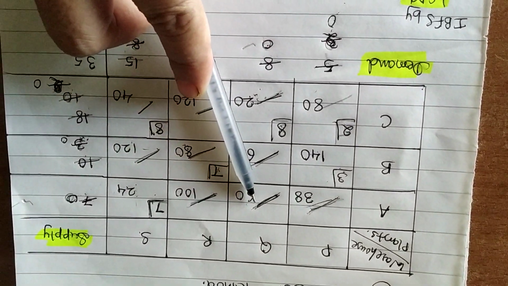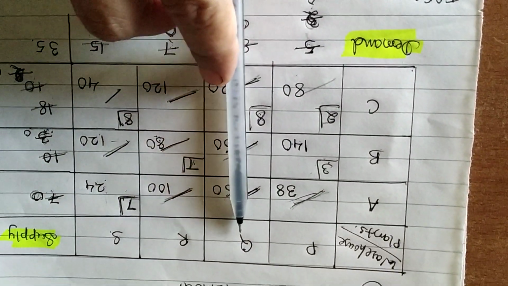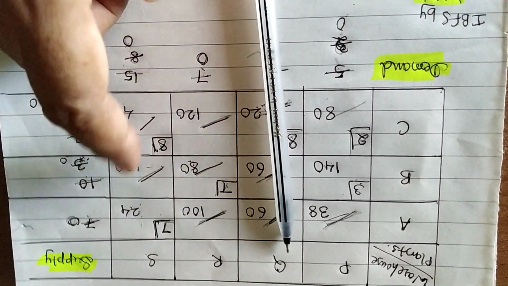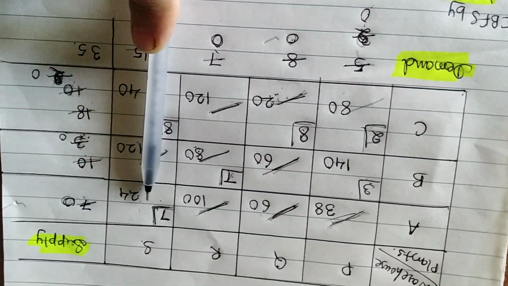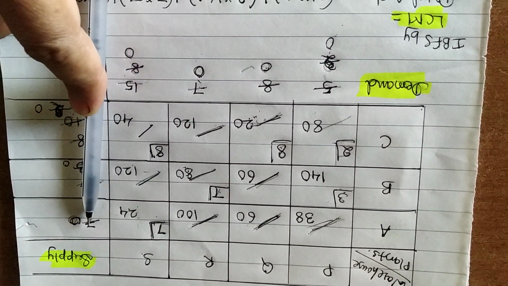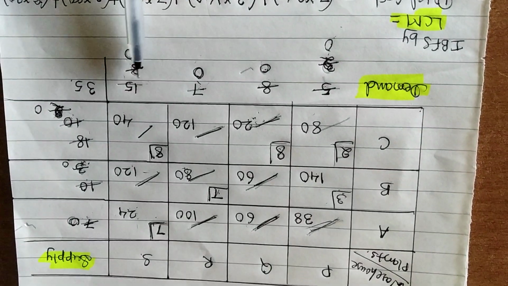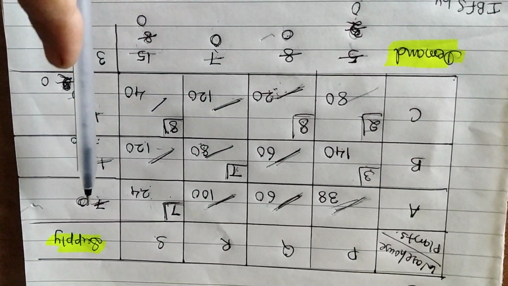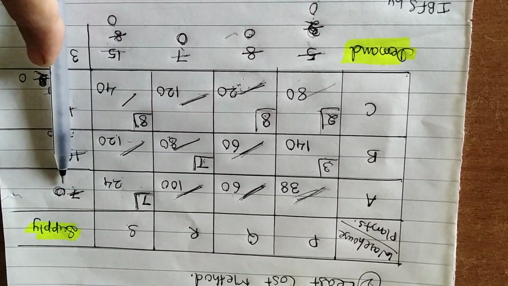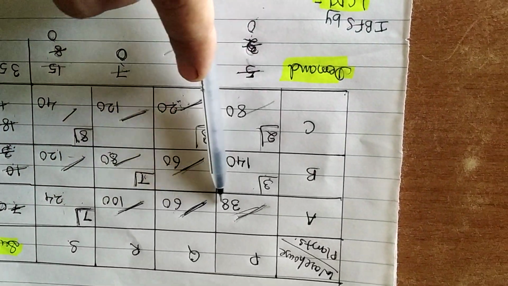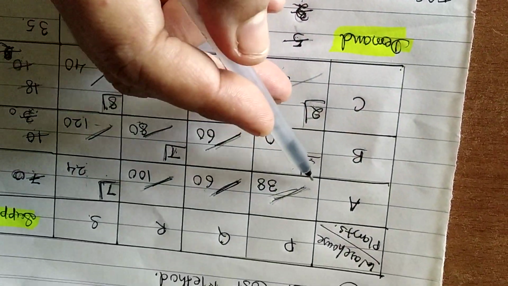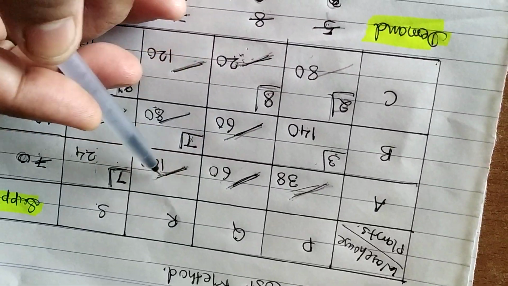Again you see which one is the smallest number: the smallest number is 24. The supply is 7 and the demand is 15. Here 7 is the smallest, so 7 minus 7 is equal to 0, which means this whole row is 0. You cut this one as 0, this 0, this 0.